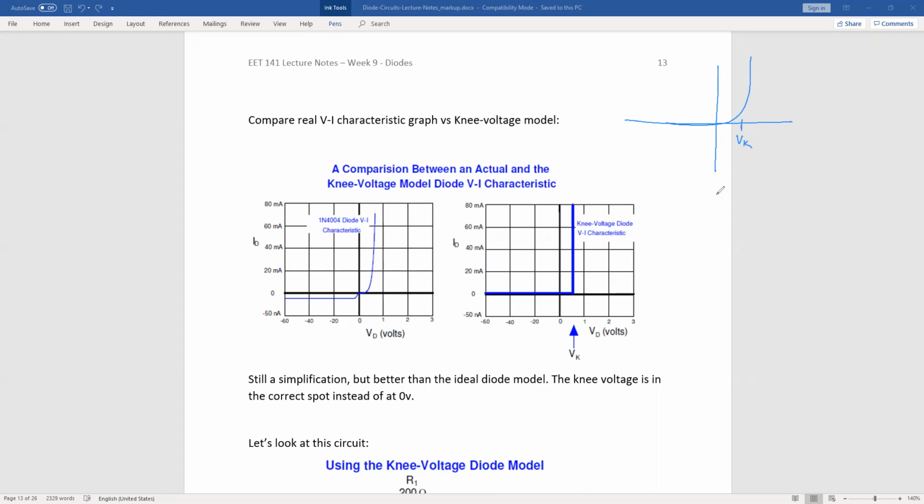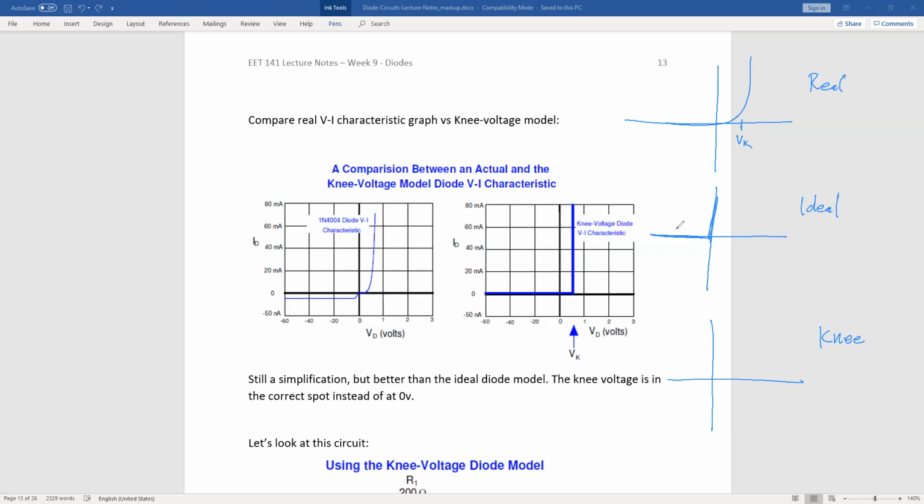For the ideal, so this is real, ideal, and I'll put the knee voltage model down there. For the ideal model, we just had an open or closed switch. So our VI curve looked like this.